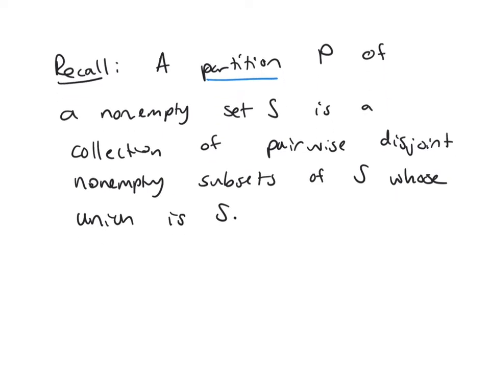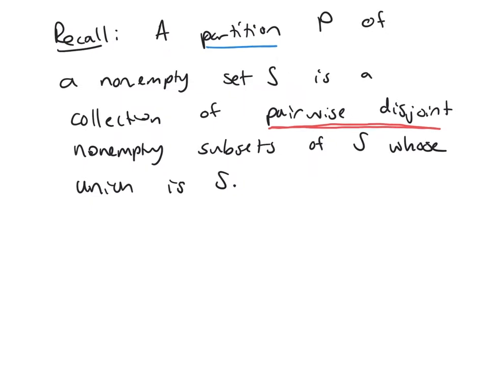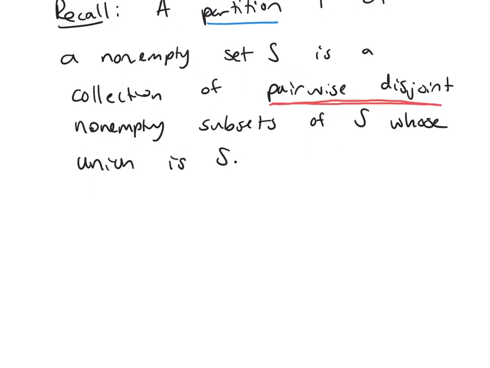So in case you don't remember, pairwise disjoint means if I take any two of these subsets and find the intersection, it would be the empty set. So let's revisit an earlier example from our previous video.